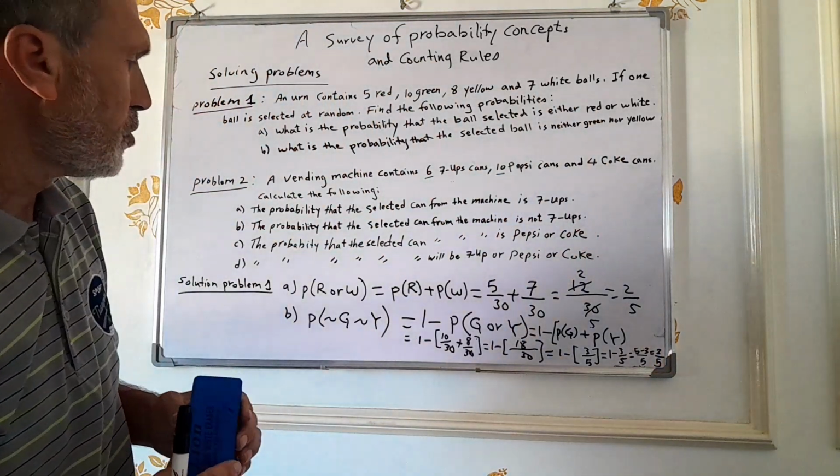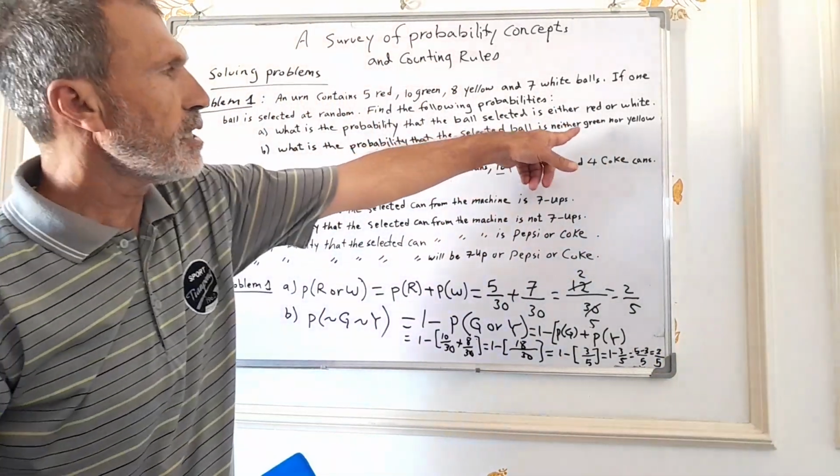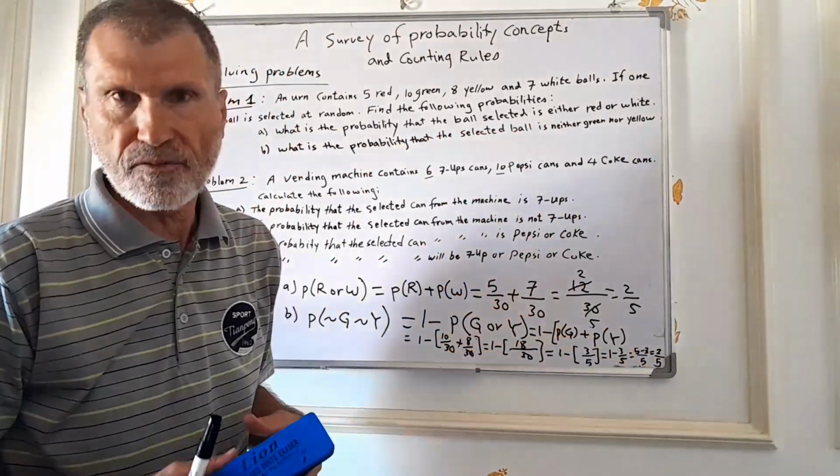So the answer is 2/5. The probability that it is neither green nor yellow is equal to 2/5.